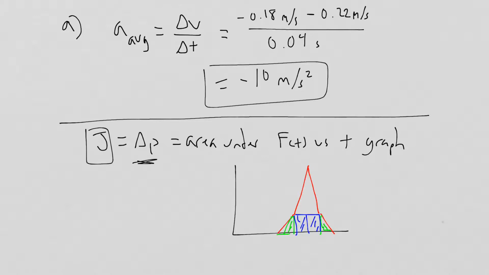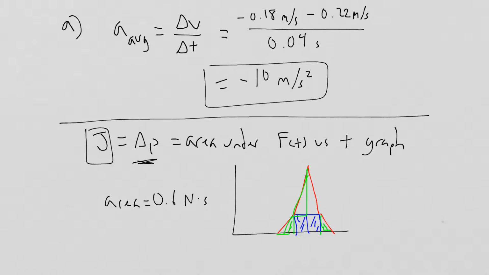And then finally, I can calculate the area of this triangle, with one half base times height, and then double it because there are two of them. So if you do all that carefully, then you figure out that the area is 0.6 newton seconds.